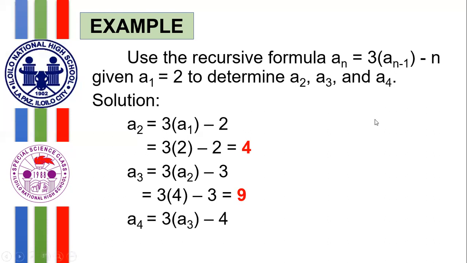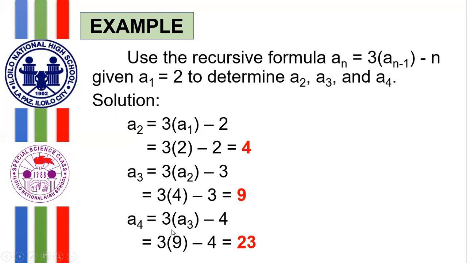And for the fourth term, of course, we will replace all n's by 4. So you have a sub 4 equals 3 times a sub 4 minus 1, or a sub 3, minus 4. That's why you have this formula here. But remember that a sub 3 is equal to 9.